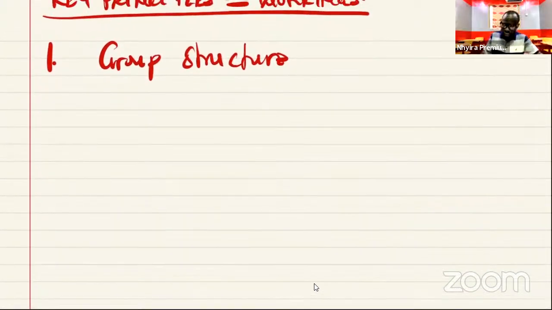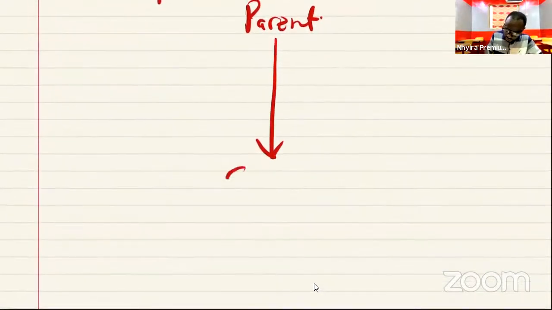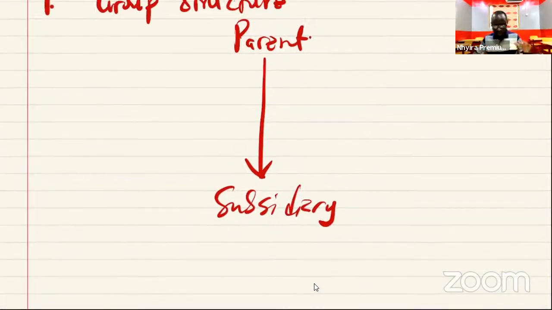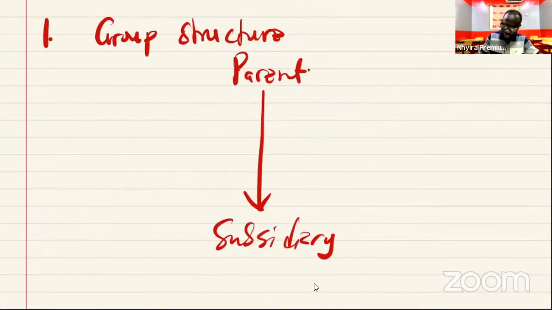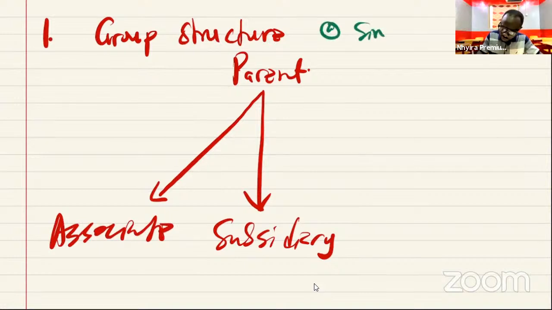Usually the group structure is where we bring the parent, we slash it down, then we bring the subsidiary. This is the simple group structure, and if there is an associate, it's going to be here. What we are looking at first is the simple group structure, because there is a complex group structure for corporate reporting students, and I'll take you through that in a moment.